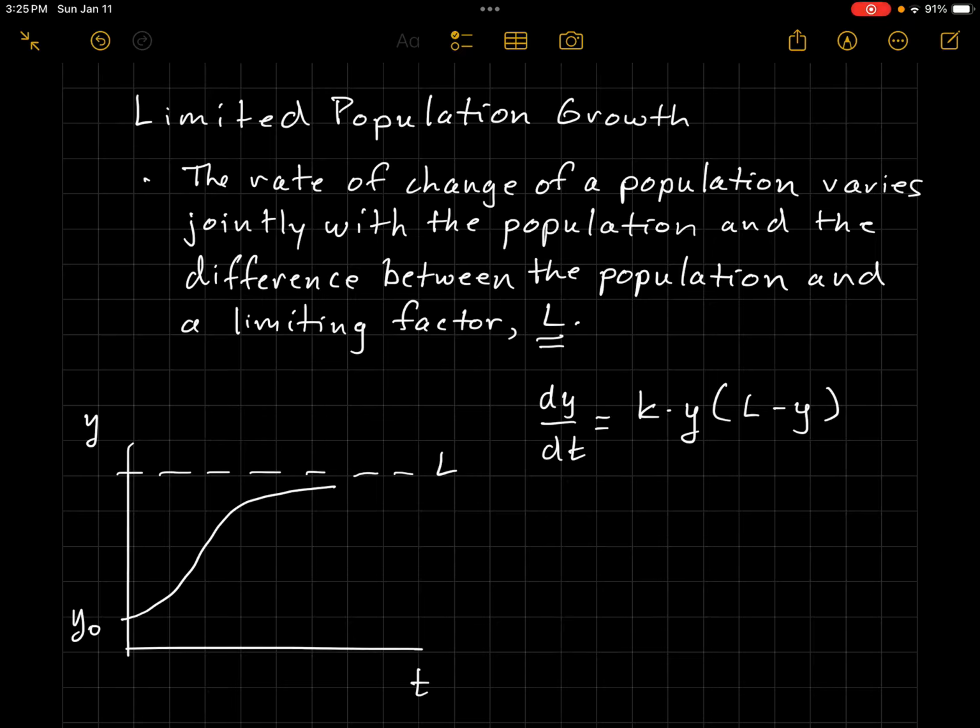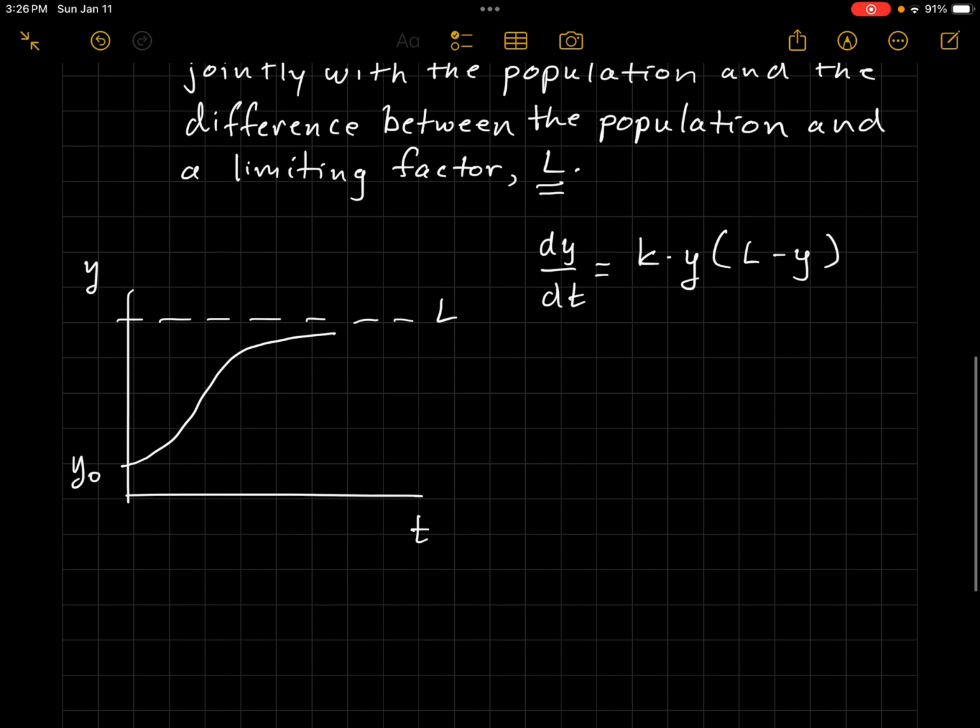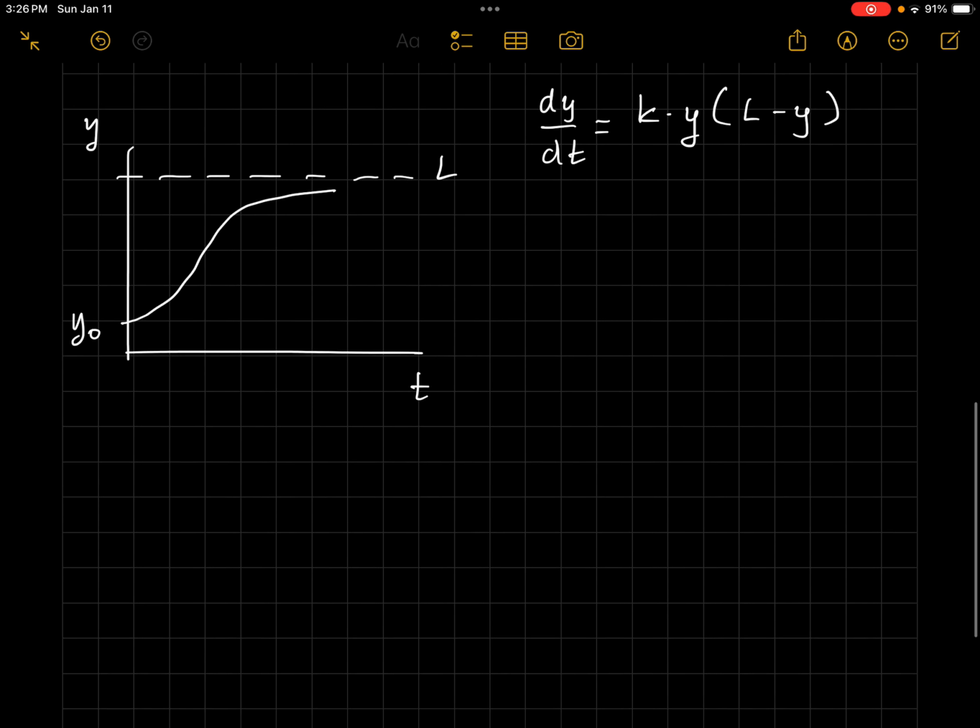We are going to solve this differential equation in this video and not really do much else, and you will see why in just a bit. Now, this is a separable differential equation, so let's go ahead and solve this one.